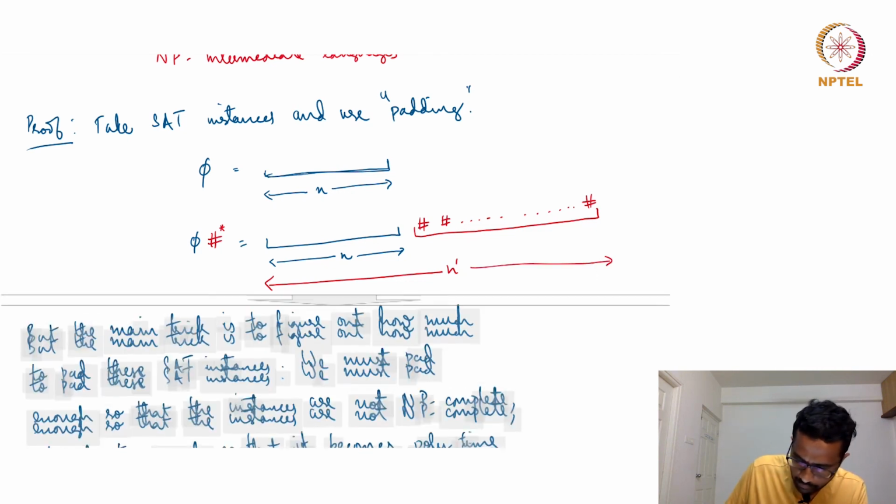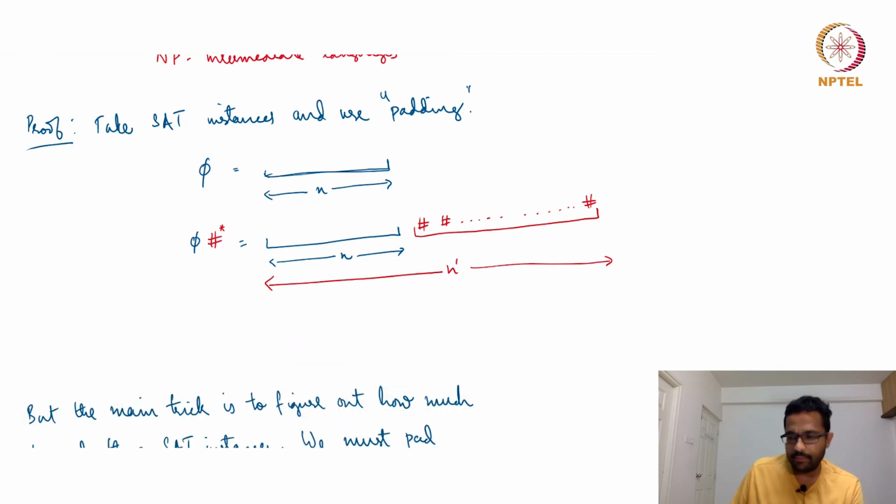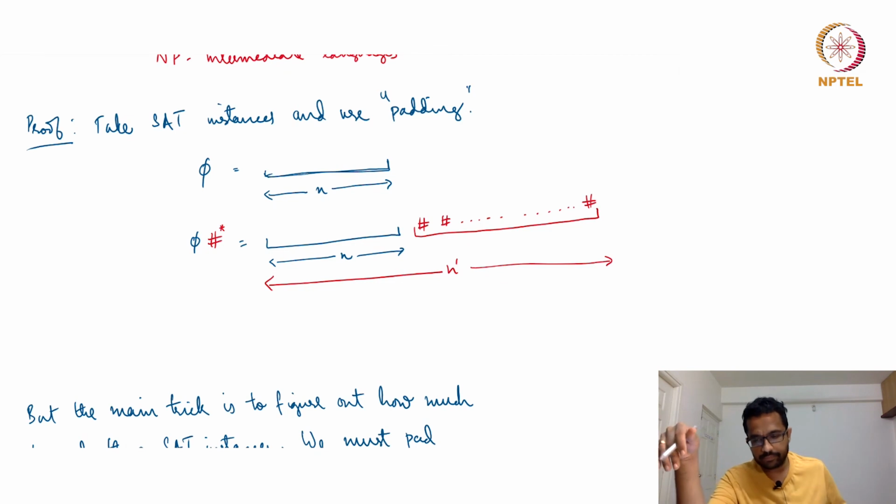Now n prime is significantly bigger than n, because we added a lot of hashes to the end. In this picture it looks slightly more than 2 times bigger than n, but think of n prime as being much bigger than n, not even a constant factor, maybe n prime could be exponentially longer than n.